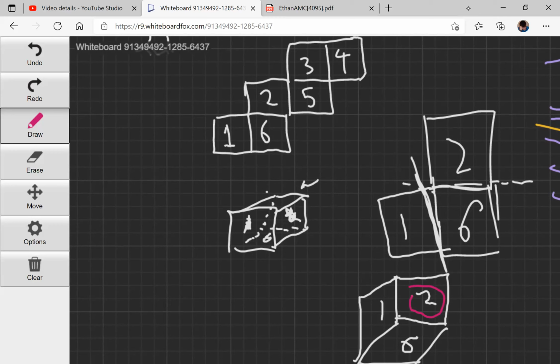No, 1's next to 6. Oh yeah, you're right. So you're saying what's not opposite 1. 2 is not opposite 1 because it's right next to it. 6 is not opposite 1 because it's right next to it. Okay, so it has to be either 3, 5, or 4.